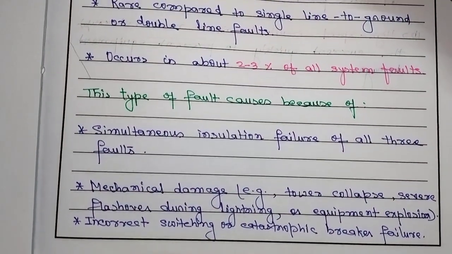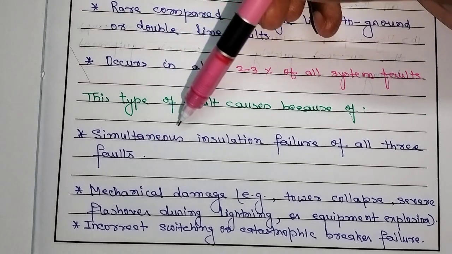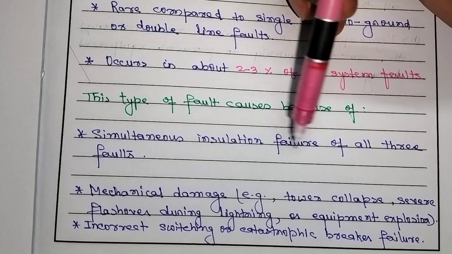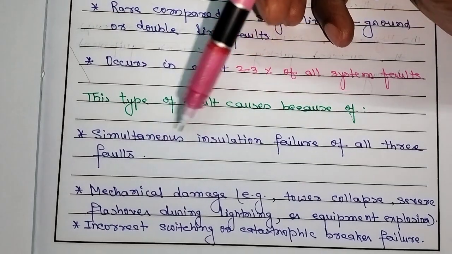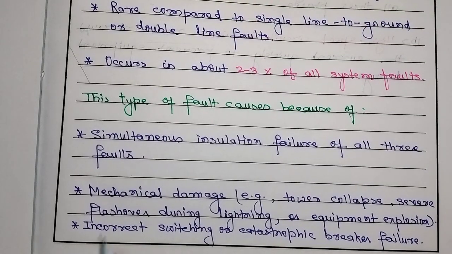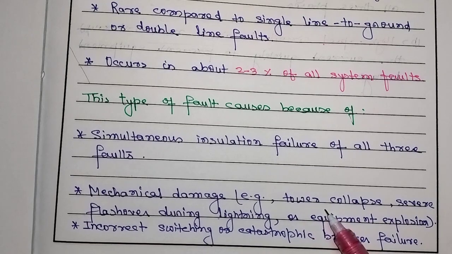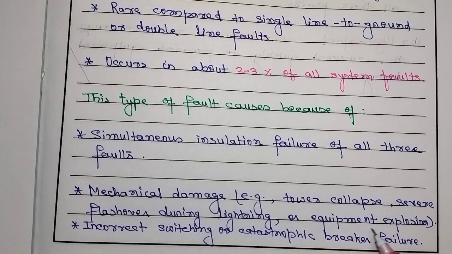Next topic that we have is the causes of this type of fault. First point, simultaneous insulation failure of all the three phases. It occurs whenever the insulation fails on all the three phases. Next cause we have is mechanical damage, for example, tower collapse, severe flashover during lightning, or equipment explosion.